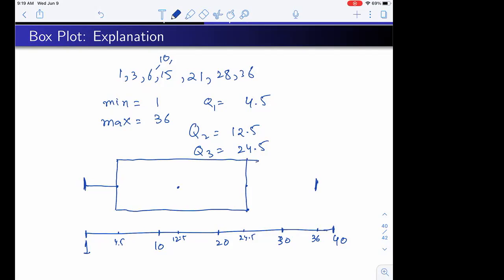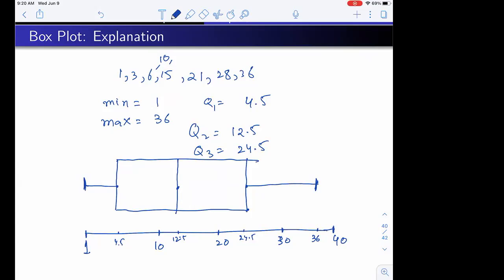And where is your middle value? The middle of the data, which is the median of your data, is Q2. Again, you make a line on that. And then you join the box with the maximum value. So this is how you make the box plot.